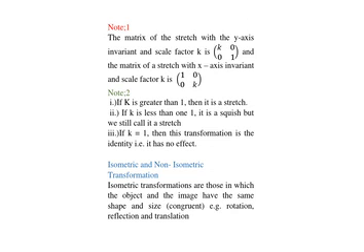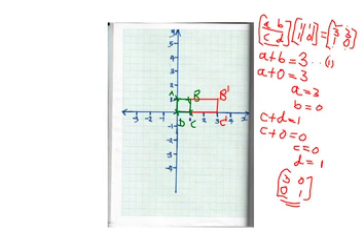From our working, we have noticed that the matrix of the stretch with the y-axis invariant and scale factor k is given as k, 0, 0, 1. So let's look at this one. We have k as the scale factor, which is 3.